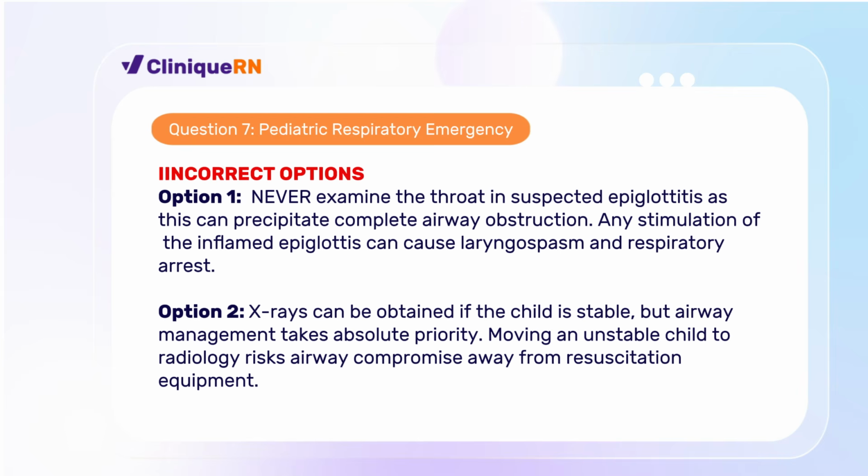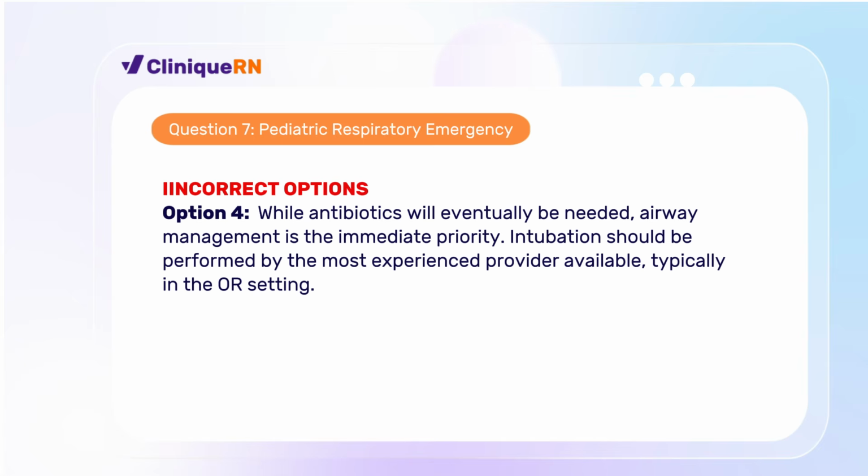Moving an unstable child to radiology risks airway compromise away from resuscitation equipment. Option 4. While antibiotics will eventually be needed, airway management is the immediate priority. Intubation should be performed by the most experienced provider available, typically in the OR setting.